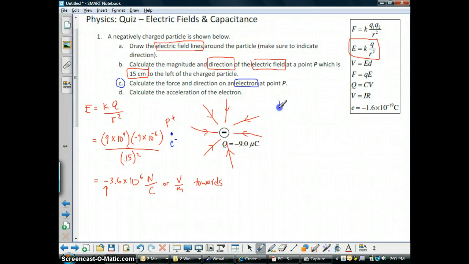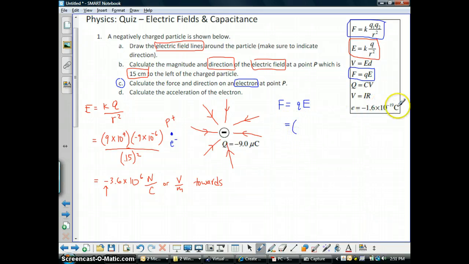So to find the force between these two, I can either look at this original equation and just plug in both charges, or I could use this equation, which tells me that if I already know the electric field, I can just plug in the new charge and multiply. So QE.